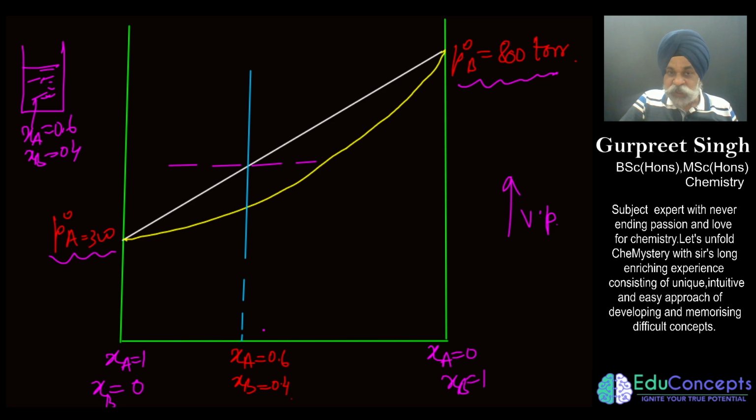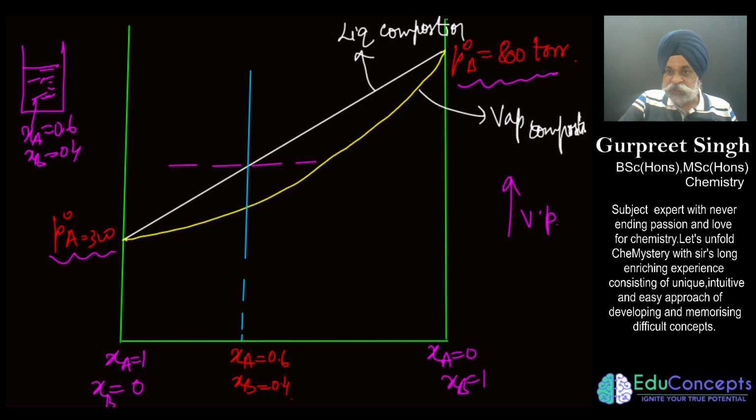Now what else do you have to start with? You have to remember that this is a line which is showing liquid composition, and this is the line which is showing vapor composition. First you have to understand what things to focus on. Say at this point the pressure is 760 torr, that is 1 atm.